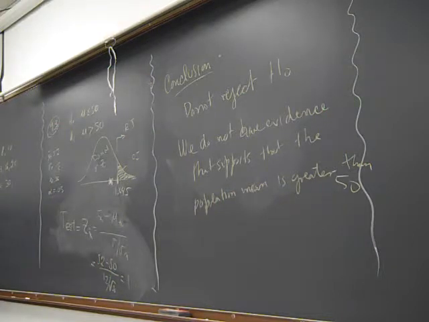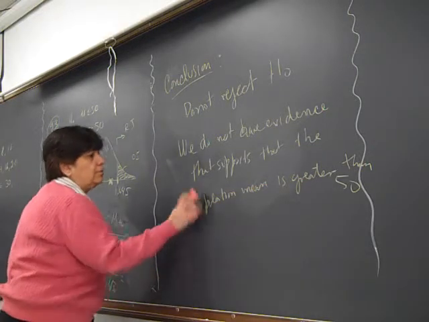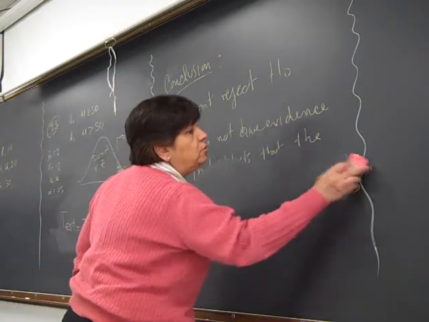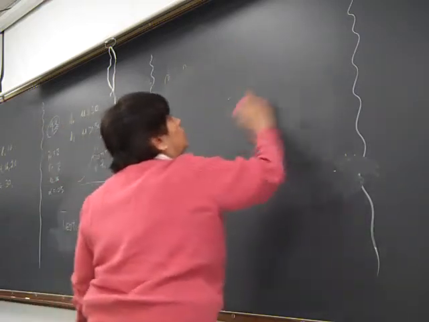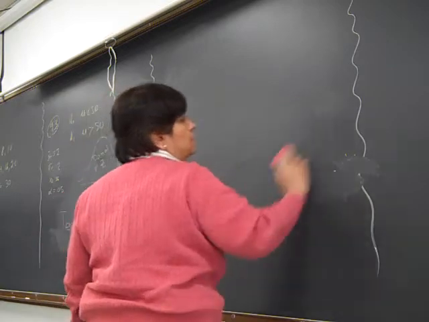That's it. Let's do problem number 4, which is the two-tailed test. Okay, guys, the book asks you to calculate the p-value.